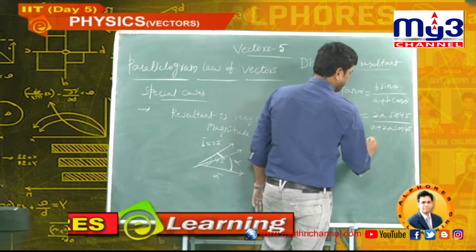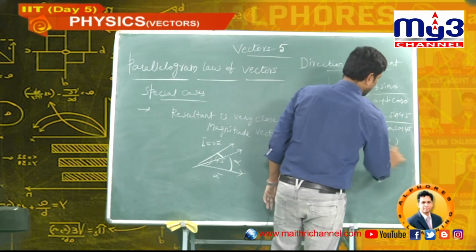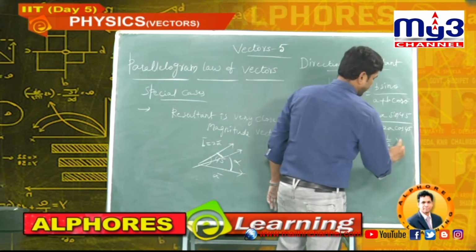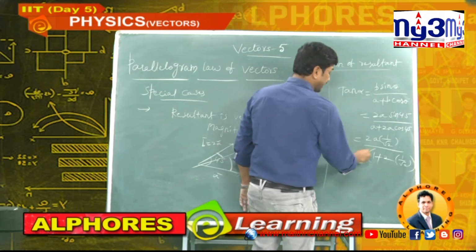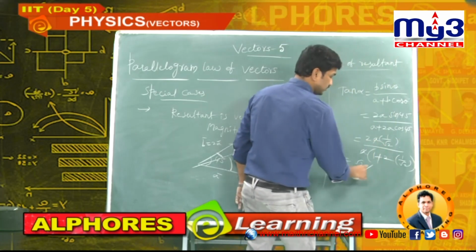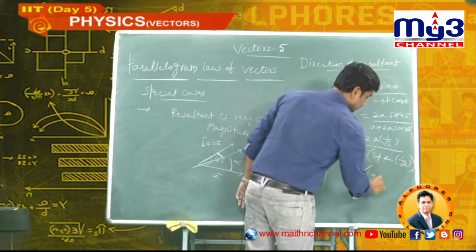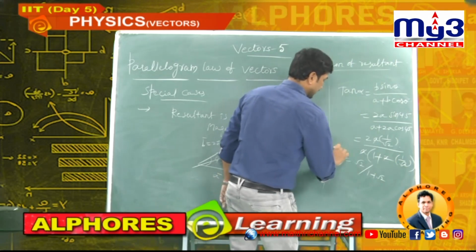Now the cos 45 is 1 by root 2. Can I take a common? 1 plus 2 into 1 by root 2. A cancels. 2 root 2. Now numerator root 2, and this also root 2. 1 plus root 2. What is this? Tan alpha.